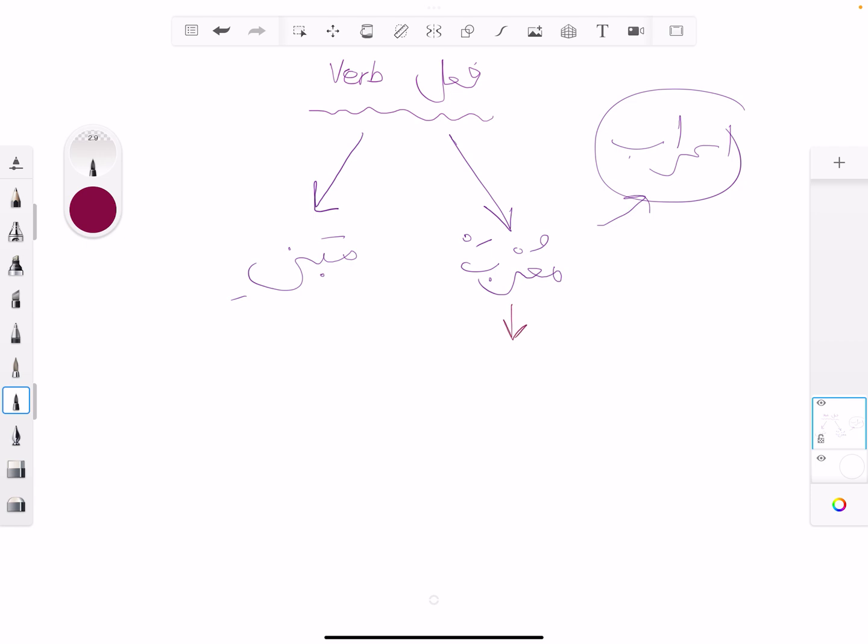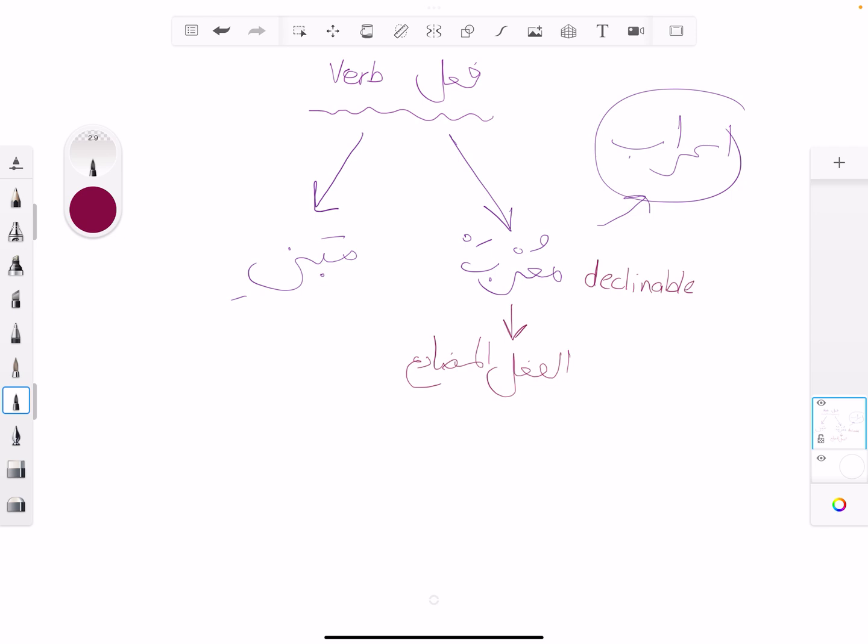Mu'rab is what we use for al-fi'l al-mudari. You all know what al-fi'l al-mudari is now. And the word for mu'rab in English is declinable. It means basically it can change at the end.